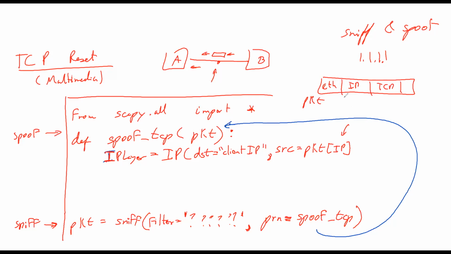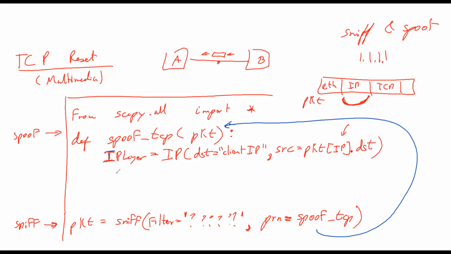By saying PKT IP, I'm going to grab this part, and then from that part, by doing a dot, I can grab the field. In this case, it's going to be the destination or the source, depending on what packet you just grabbed, because remember, it's flipping. If the packet that you grab was going like this, now you're going to send it in that direction. I leave that to you to figure out what the appropriate thing should be. What else do we need in this one? Probably just that. Everything else is default values.